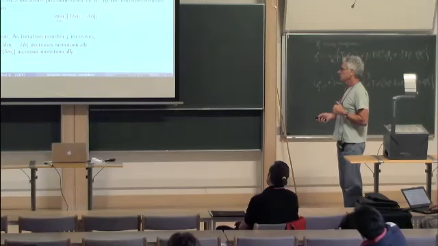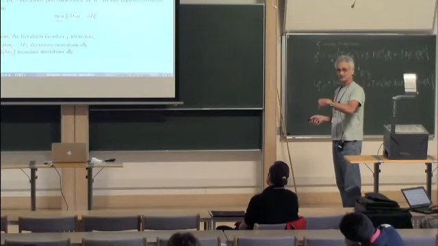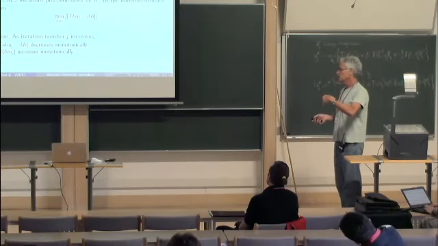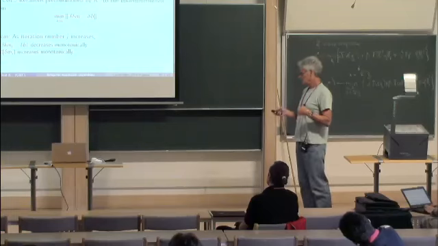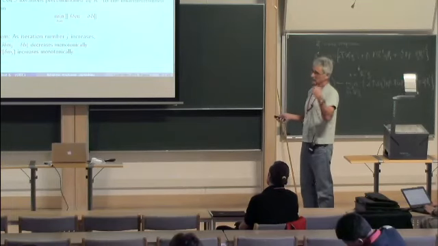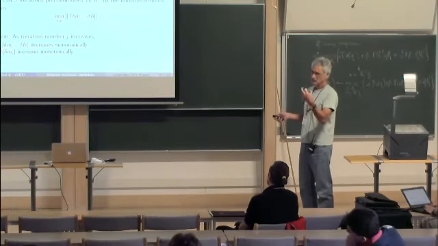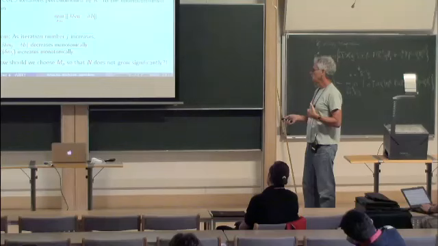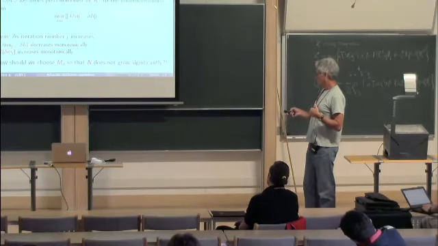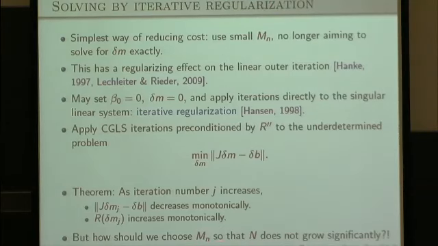Question is still how to stop it. What should be the criterion? Because this is the linear iteration. It's just one iteration of the nonlinear problem. So we need to ask how to choose m sub n as well as big N, the total number of iterations.